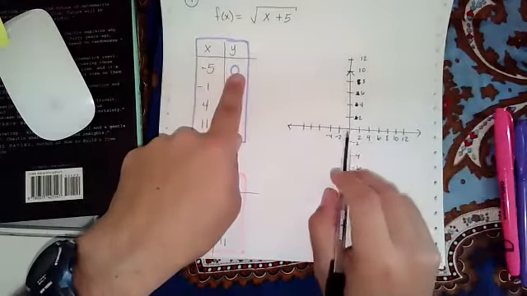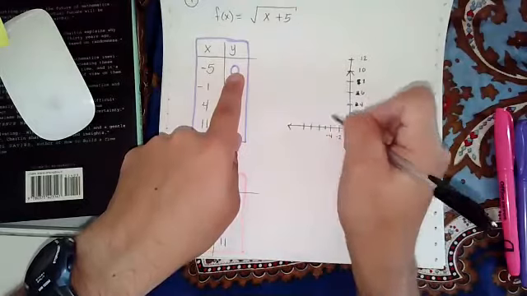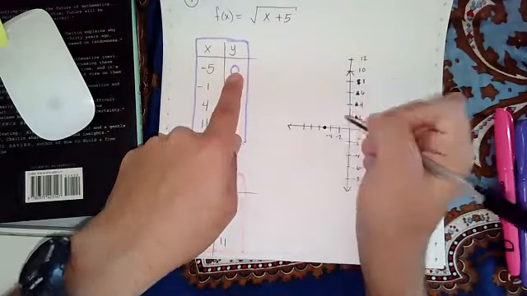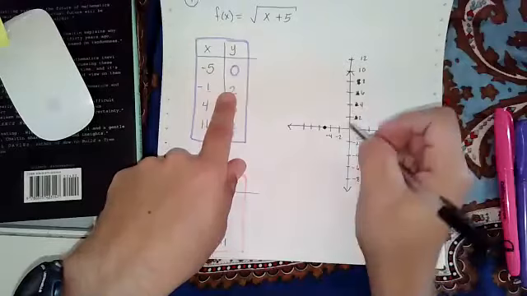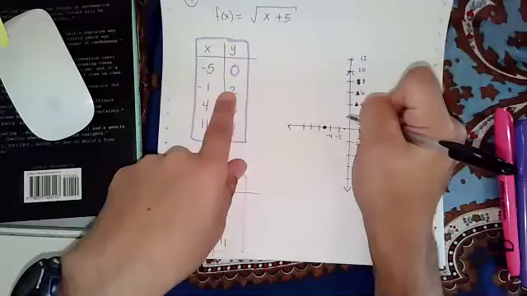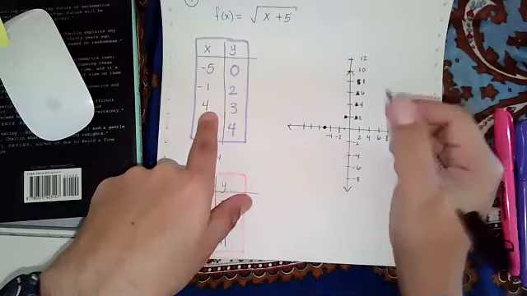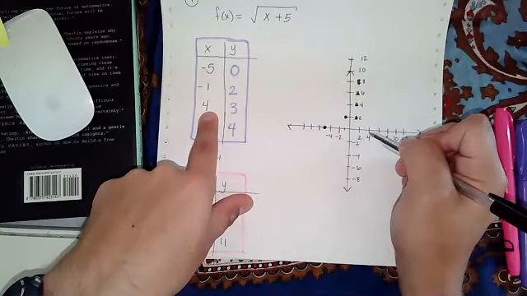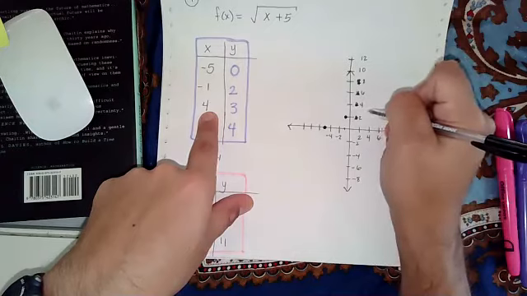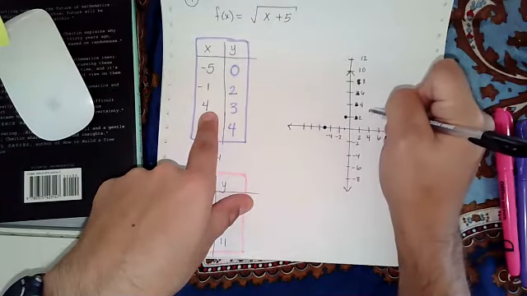-5 and 0 will be right here. -1 and 2 will be right here, and then up 2. So right here-ish. And now 4 and 3 will be up here between 2 and 3.